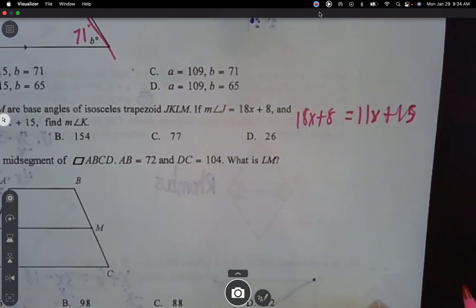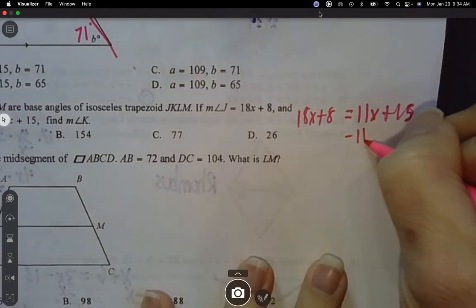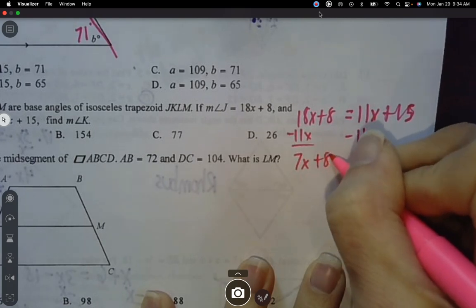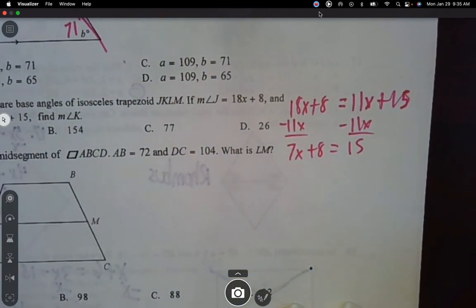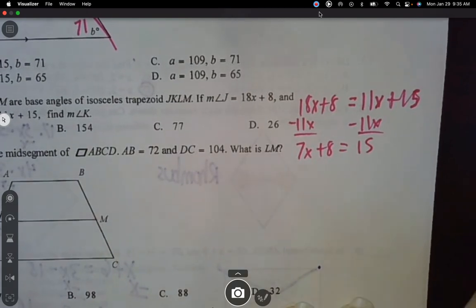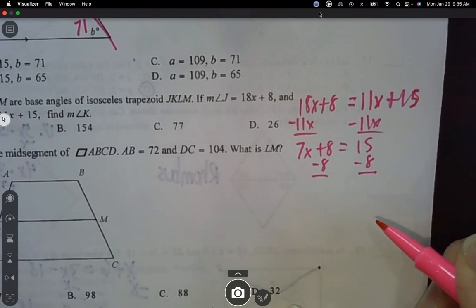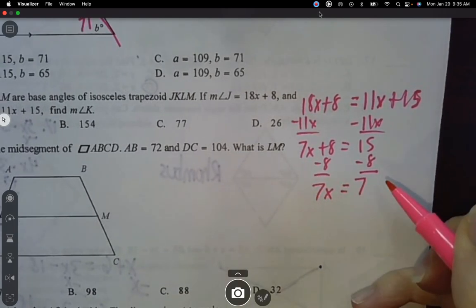And how do you solve for x? Subtract 11x. 7x plus 8 equals 15. Then what? Subtract 8. Then I get 7x equals 7.